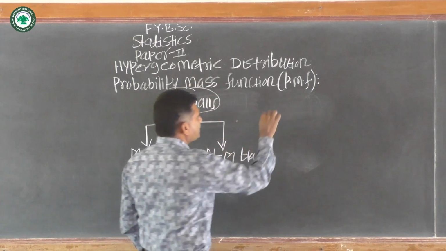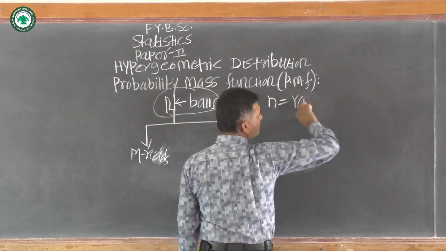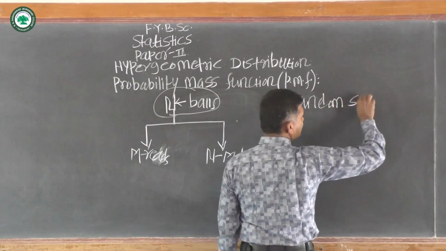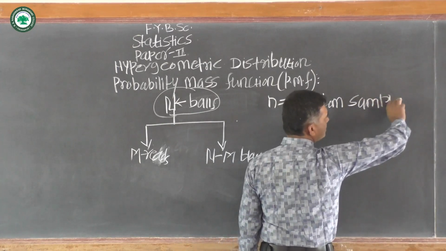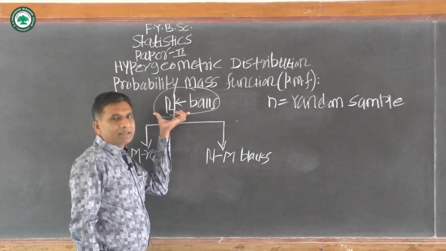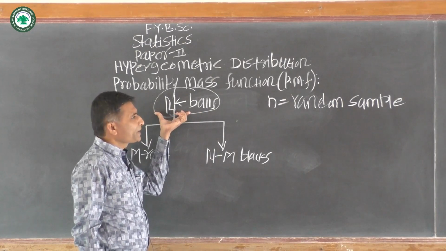That is, small n is the random sample drawn from the capital N balls by the without replacement method.